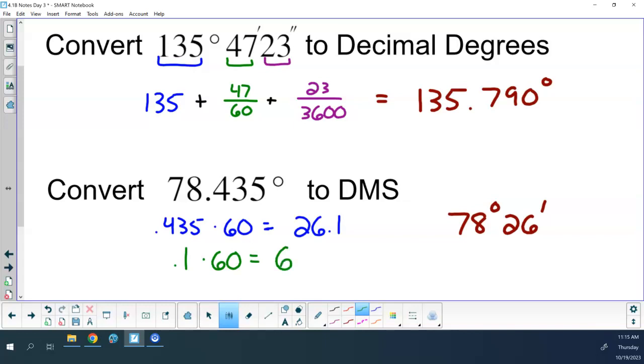So then it is 6 seconds. 78 degrees, 26 minutes, 6 seconds. Good on those two.